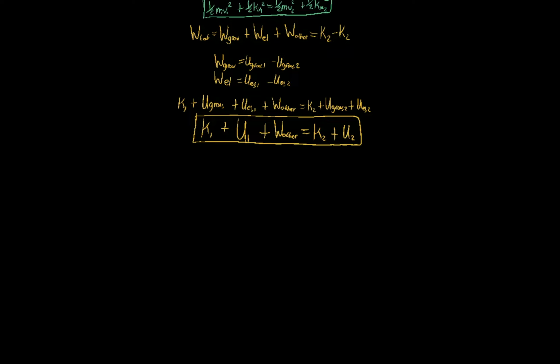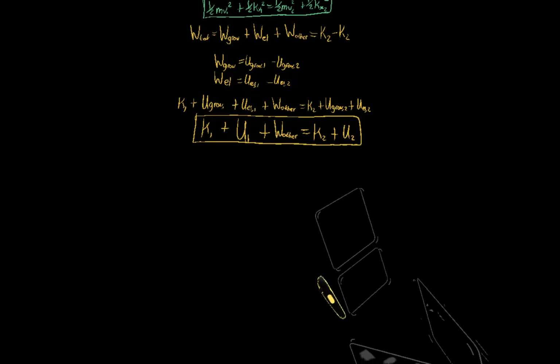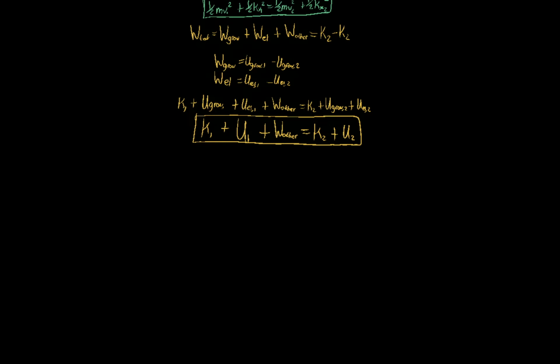And so the way to interpret this is that the work done by all forces other than the gravitational force or elastic force equals the change in the total mechanical energy of the system. So remember, total mechanical energy, E, is equal to the kinetic plus the potential.